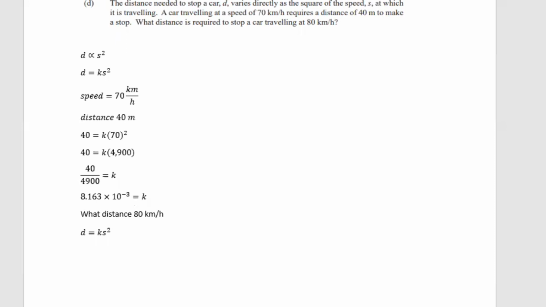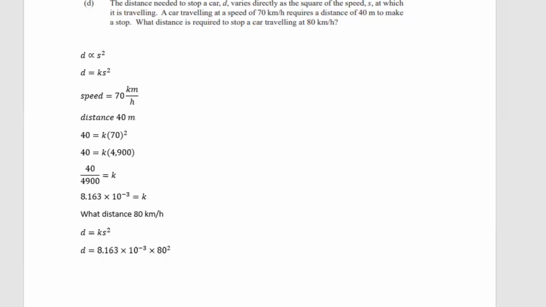So now we're trying to find distance, which is equal to k. We know our k value, which is 8.163 times 10 to the negative 3, multiplied by s, and in this case our s is 80 kilometers per hour, and that is squared.